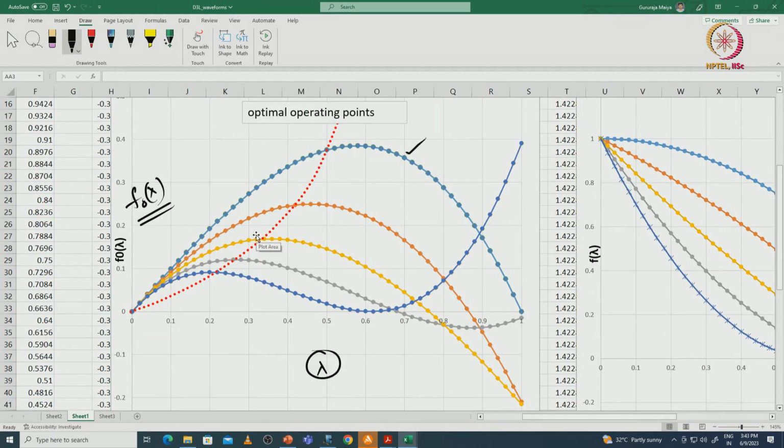Let us take this curve. In this curve, f naught of lambda is maximum at this particular point where the lambda value is 0.35.